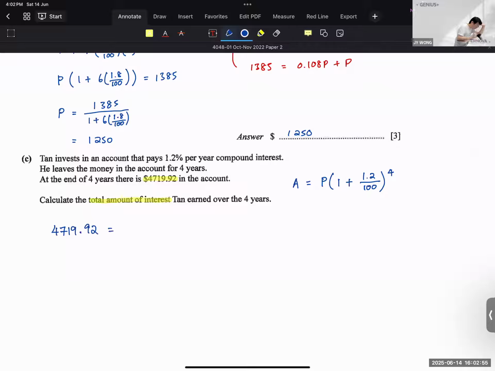Okay? So this means 4719.92 is equal to, sorry, again, you need to give yourself the statement. Let P be the principal sum. So this is equal to P times 1 plus 1.2 over 100 to the power of 4.